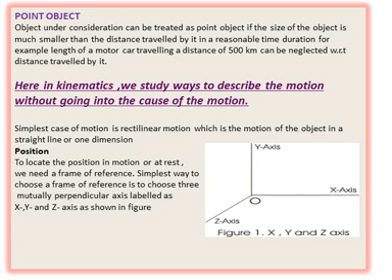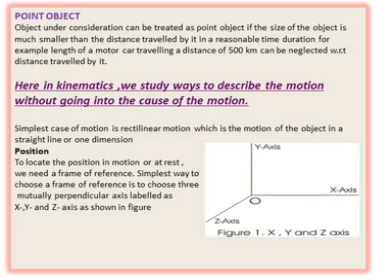Now, we have to understand motion of an object in 1, 2 and 3 dimensions. For that, we have to find out the position of the object first, whether it is moving or at rest. So, to locate the position of the object, we need a frame of reference.